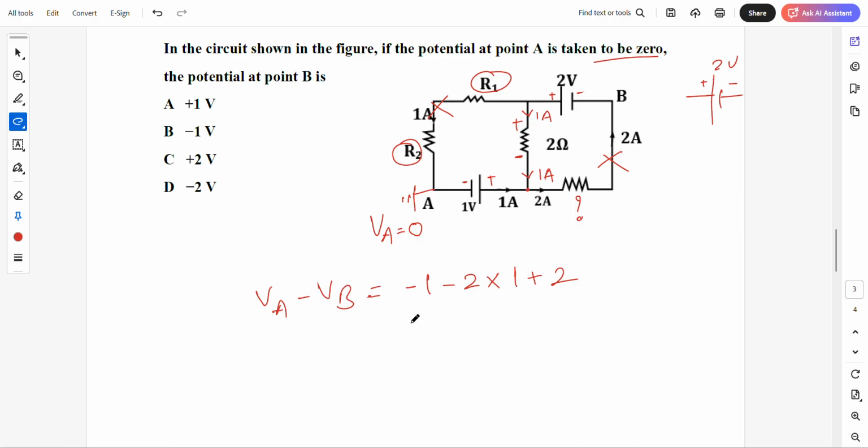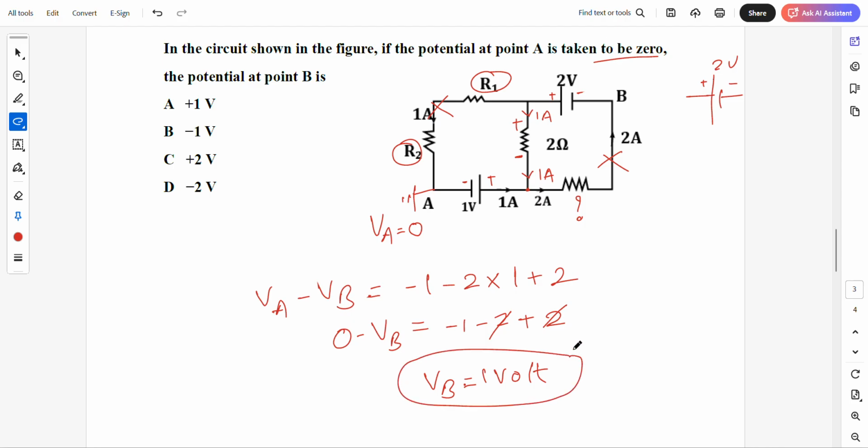That is equal to minus, what is the value of VA? VA is 0 minus VB is equal to minus 1 minus 2 plus 2. Minus 2 plus 2 gets cancelled. Minus VB is equal to minus 1. Therefore, VB is equal to 1 volt is the right answer.